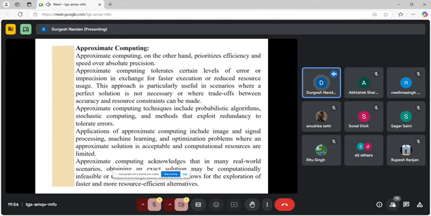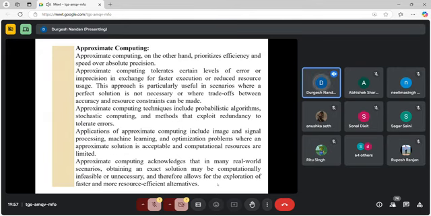Machine learning is another area, where there is scope for optimizations. In such places, approximate computing is definitely the most preferable option in comparison to exact computing, because it provides better results in the form of trade-off. Trade-off means cost, area minimization, power minimization, and all those.